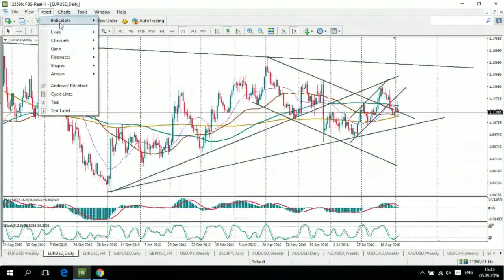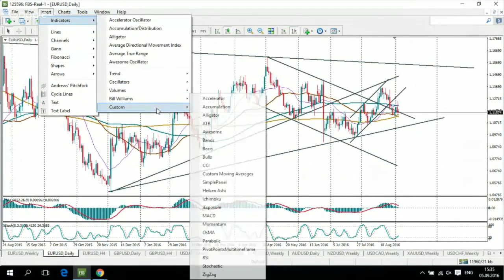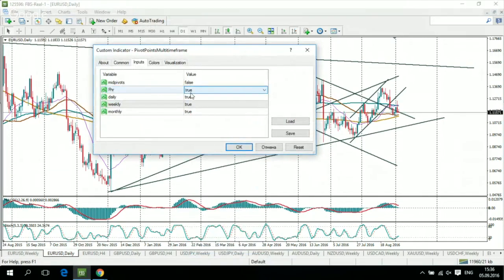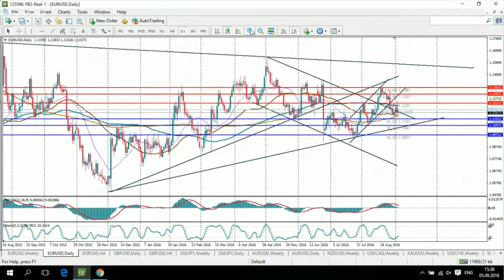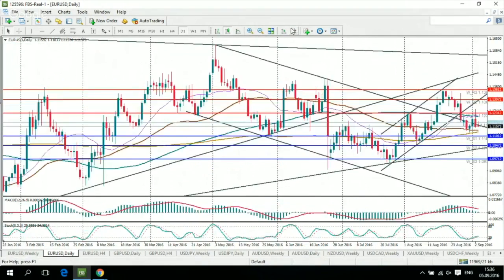I'd like to use the indicator called pivot points multi-time frame for my weekly analysis, because I find that these weekly levels are very efficient and they work really well. Let's have it on the euro dollar chart.